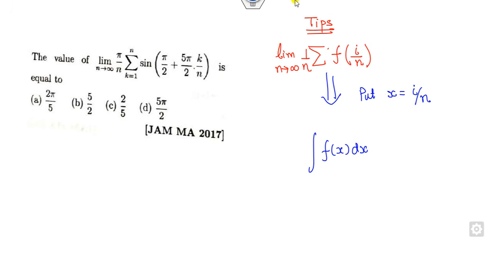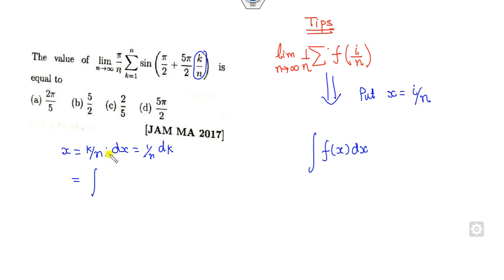Fine, this is the question, and it's the most frequently asked question in the JEE examination. Again, you can see it is of this form, and 1 over n is here. So I can take x is k over n. I can change this integration to, what is the dx? It is 1 over n into dk.